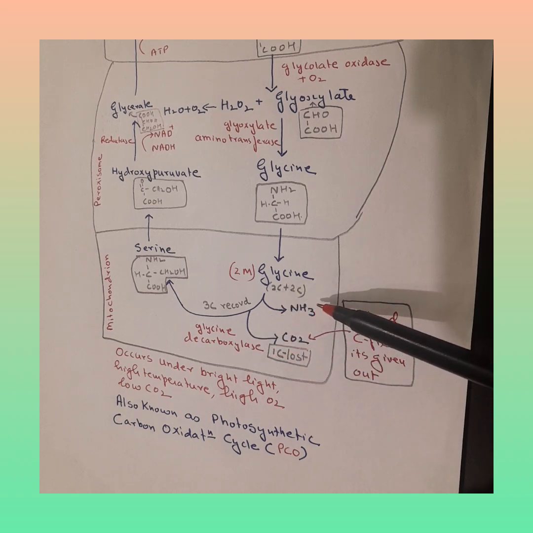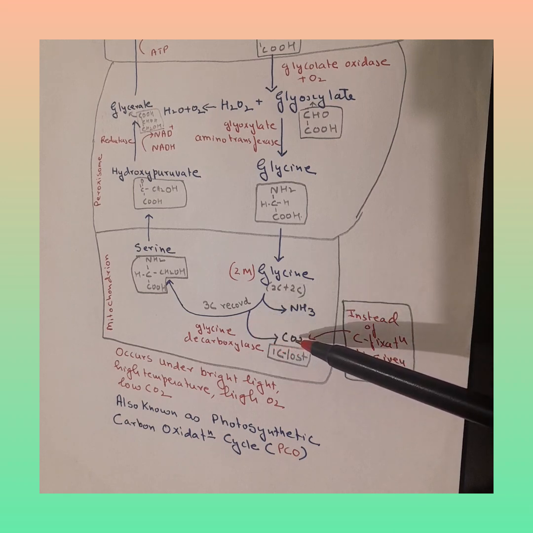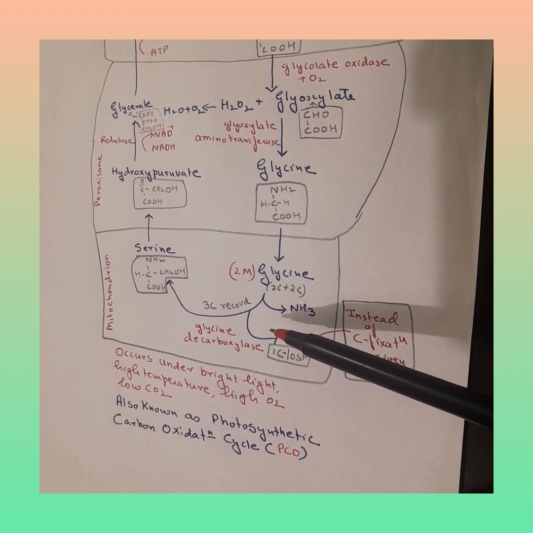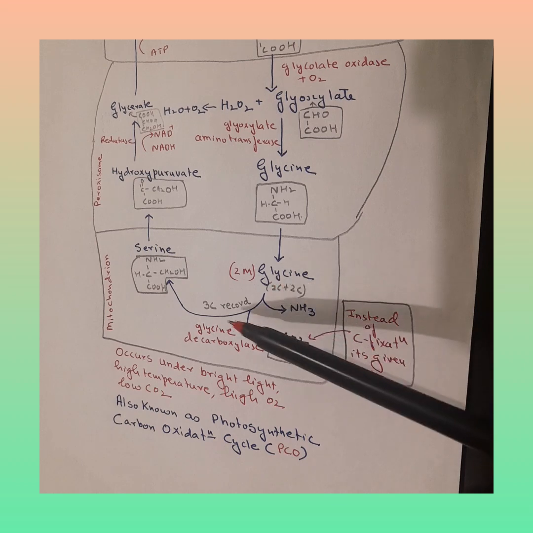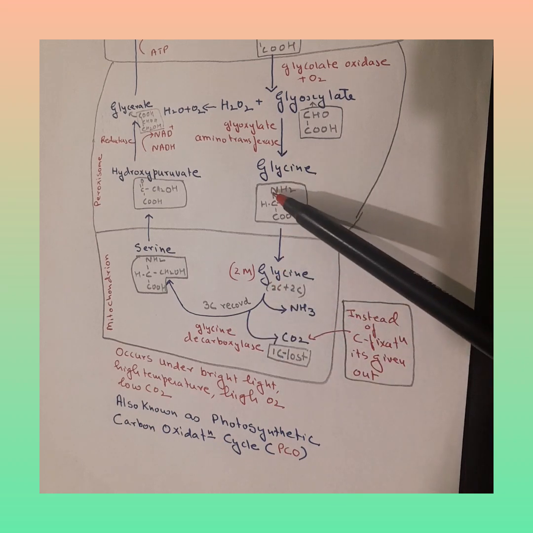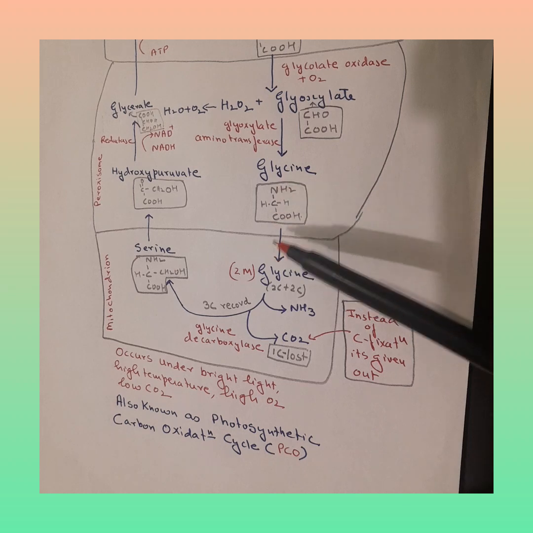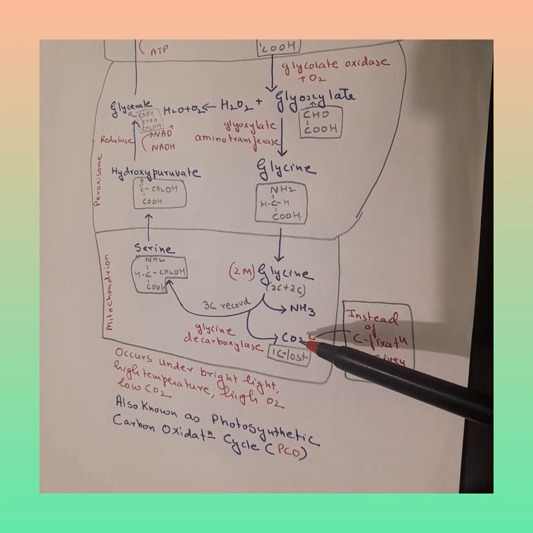So ammonia is lost to the environment and carbon dioxide is also lost to the environment. So 1 carbon is lost, that is 25% of carbon is lost from the system. In this step, we got rid of NH2 as ammonia and one of the carbons as carbon dioxide.